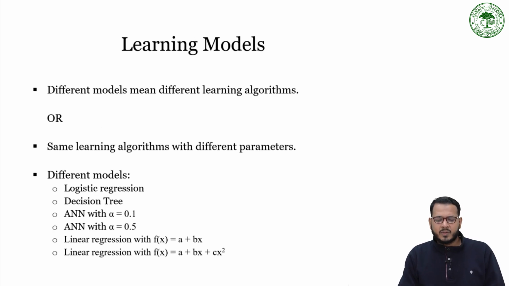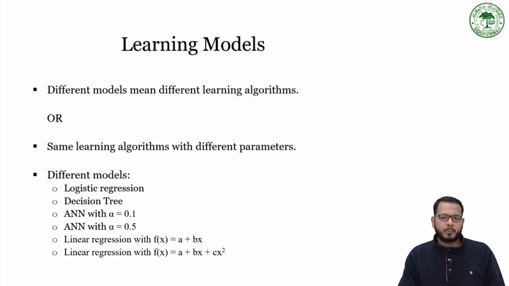First, we will start with what do we mean by learning models, because we have seen this term many times now. So we often use learning model and learning algorithms interchangeably. However, in machine learning, different models can mean two things: using distinct learning algorithms or employing the same algorithm but with different hyperparameter values.